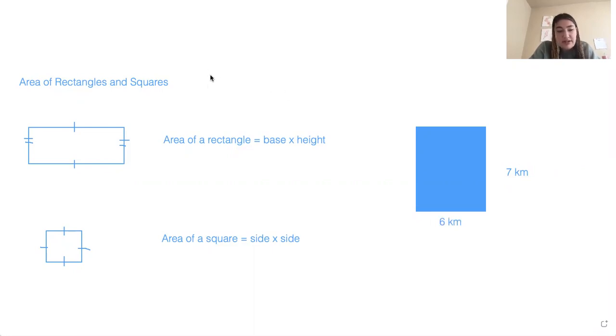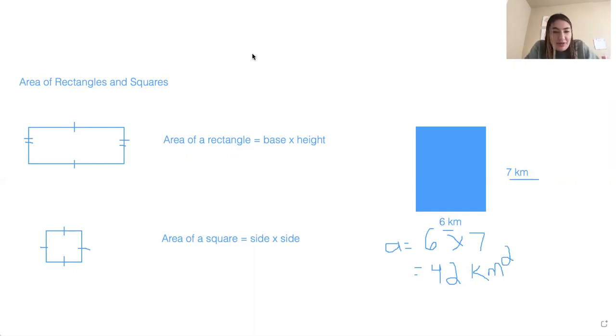As we do every time, we do area equals base times height. The base here is 6 and the height is 7. So what's 6 times 7? 42 square kilometers is the area of this rectangle.